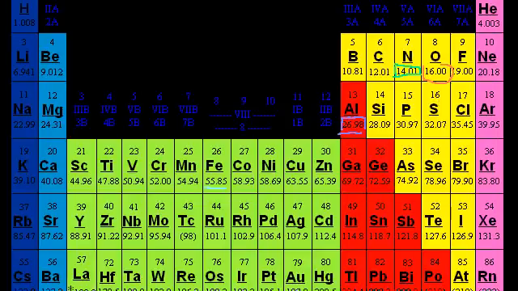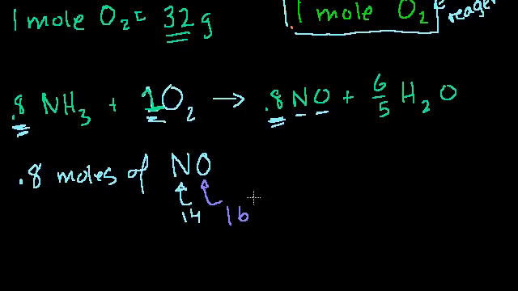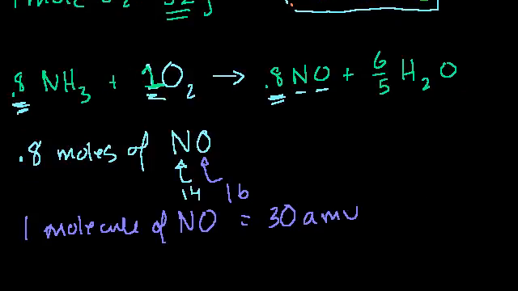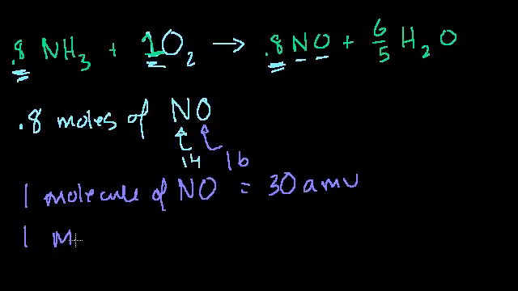So 1 molecule of nitrogen monoxide is equal to 30 atomic mass units. Therefore, 1 mole, or 6.02 times 10 to the 23 molecules of nitrogen monoxide, will be 30 grams.